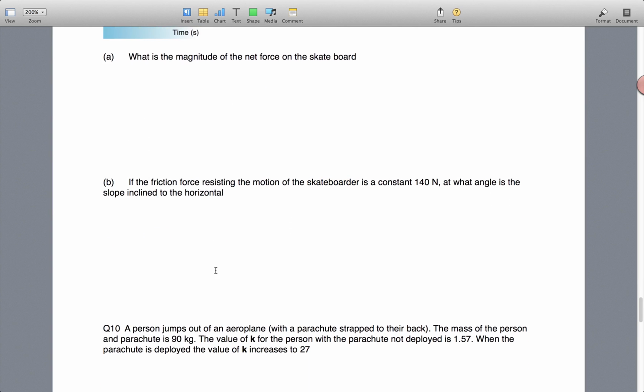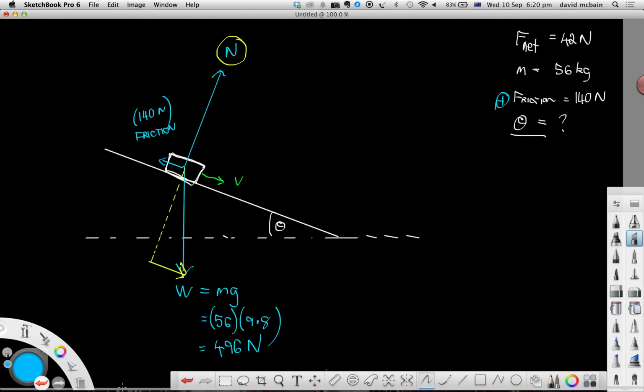Okay, so that's what we have to work out. What is this angle? Let's call it theta, the unknown angle. I know that if that's theta there, then that's theta there as well.